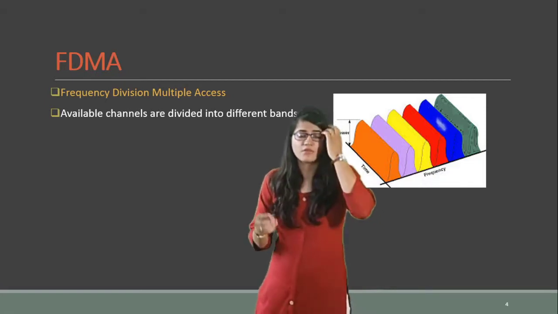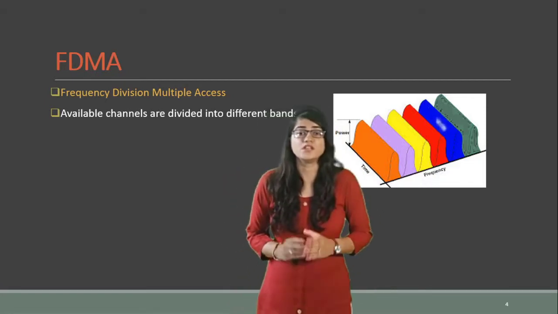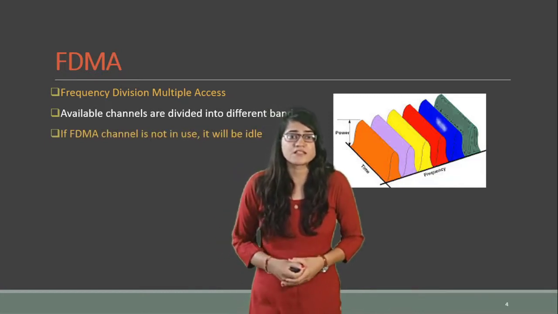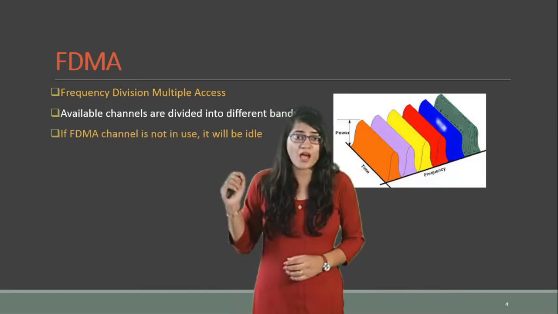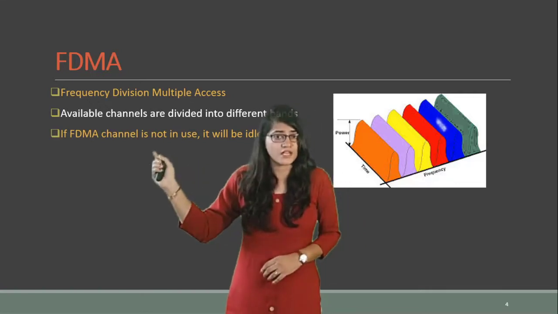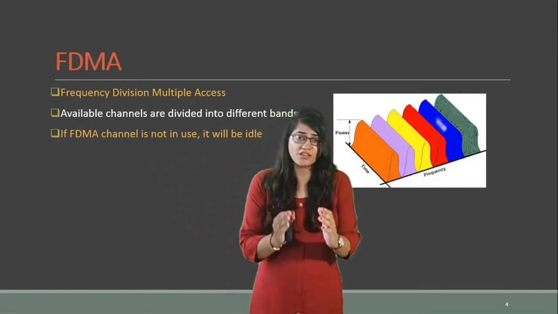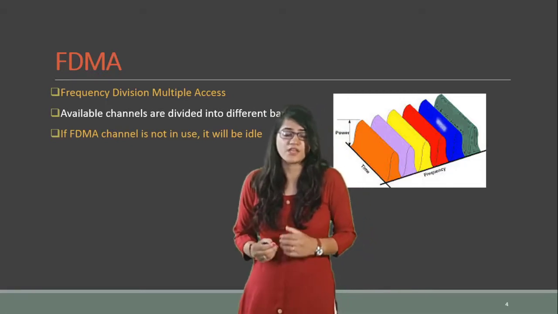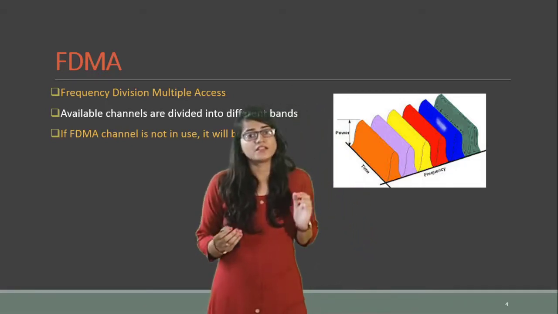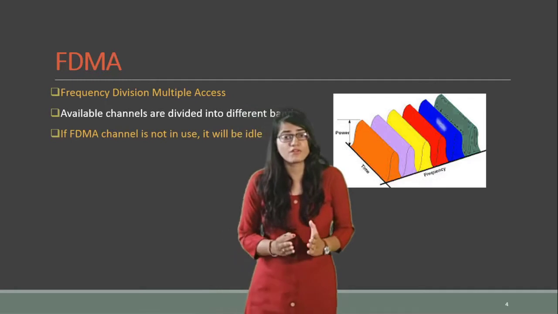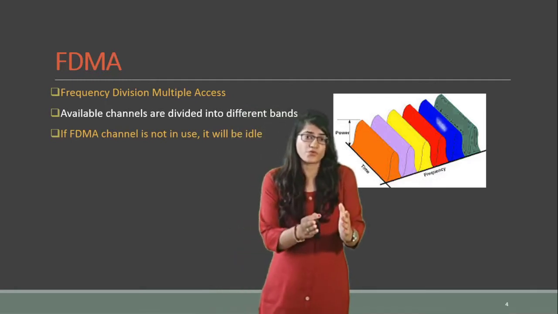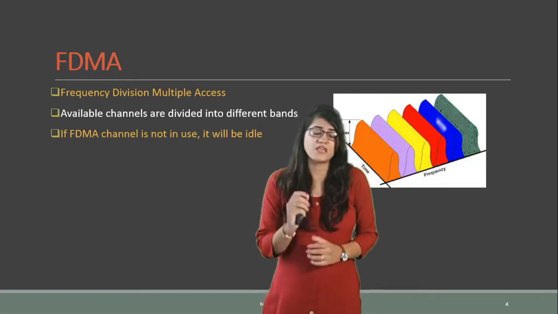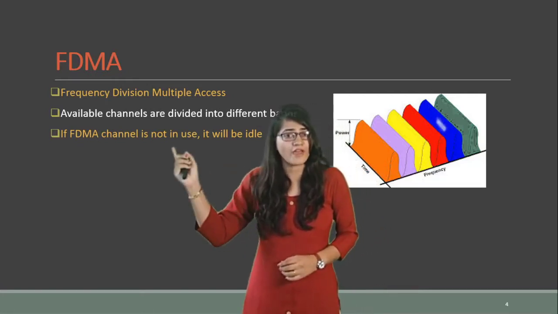Here the available channels are divided into a number of bands, and if an FDMA channel is not used, it will be idle. Now we can understand this statement by using the fixed channel assignment technique. In case of fixed channel assignment, we have seen that a particular fixed number of users are allowed to use a fixed number of channels. The same case can be understood with the help of FDMA.